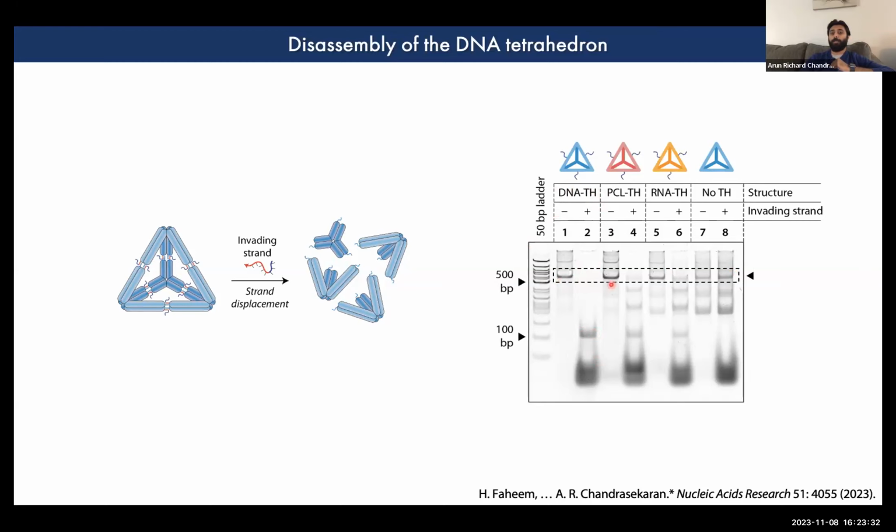And we can see the same trend with a PCL toehold and an RNA toehold, where displacement causes the tetrahedron to disassemble, and this band now goes down in intensity. However, in a DNA tetrahedron without a toehold, you can see that even the addition of an invading strand does not have any effect. So this shows that disassembly of the tetrahedra is definitely because of the toehold, and further we can control it.